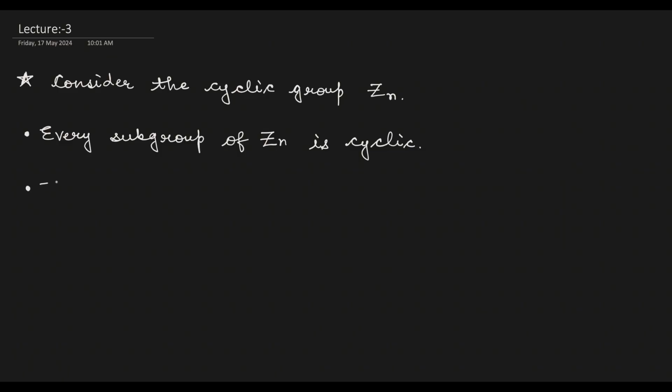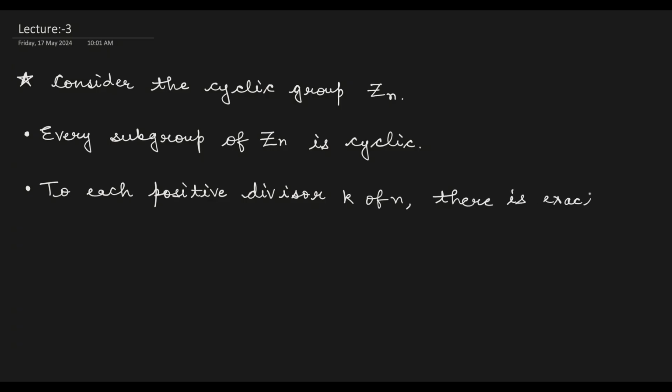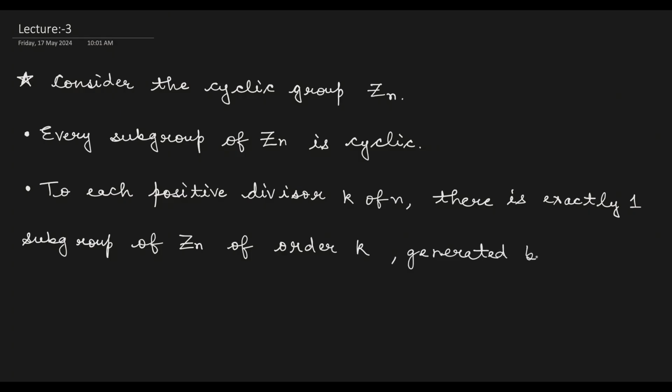To each positive divisor k of n, there is exactly one subgroup of Zn of order k, generated by n by k. A small illustration.